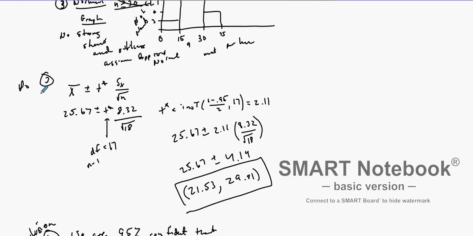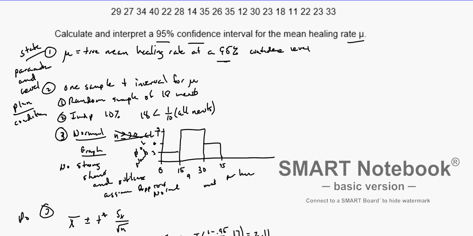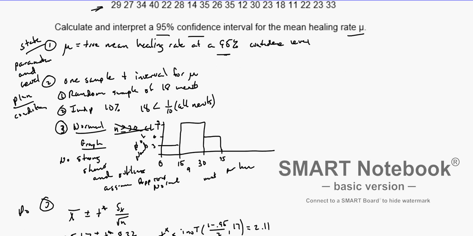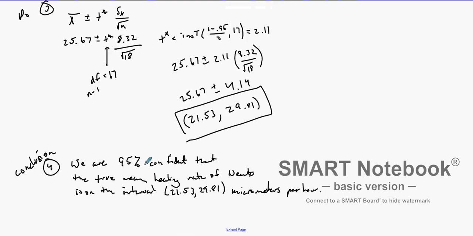We then calculated by finding our t-value, critical value, standard deviation, and mean, using the data in our calculator. That was the key thing. Finally, we concluded that we are 95% confident the true mean healing rate of newts is on the interval 21.53 to 29.81 micrometers per hour.